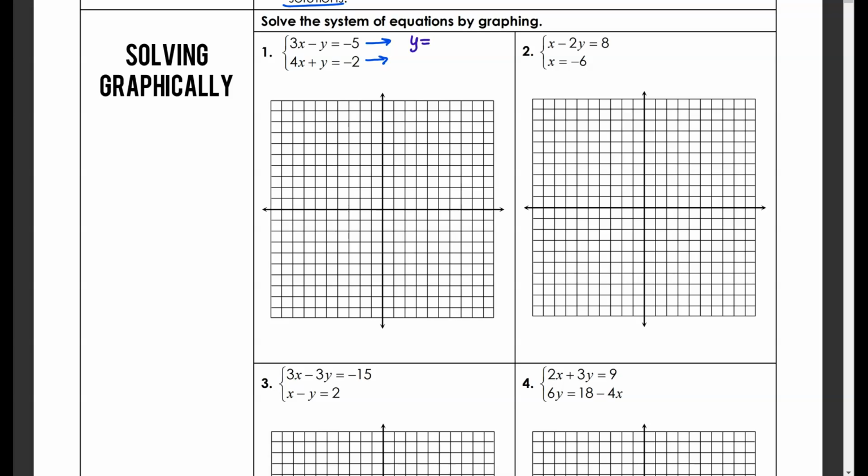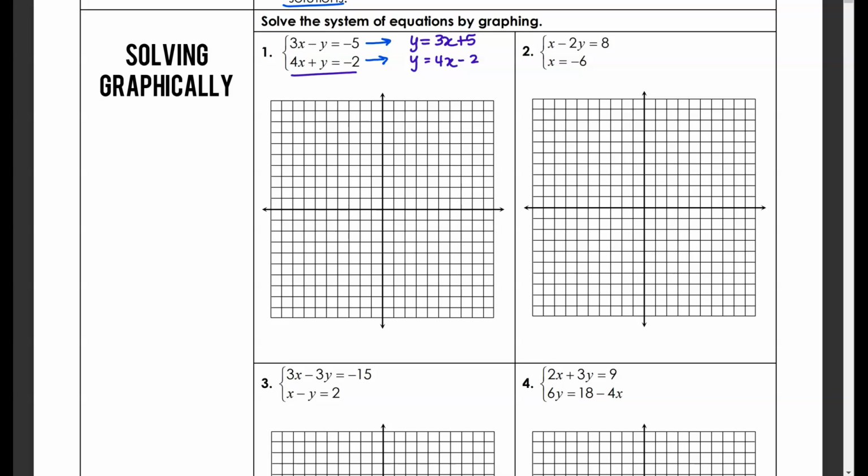So moving over the -3 and then dividing by a negative is going to give us y = 3x + 5. And if we change this equation, we're going to end up with y = 4x - 2. Alright, so let's go ahead and graph this.